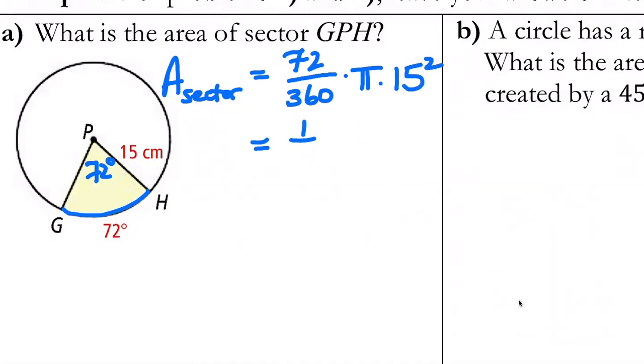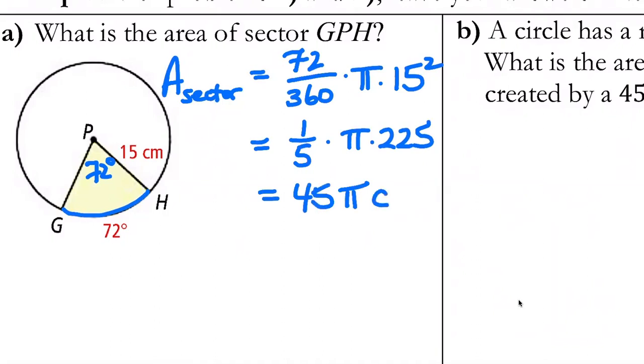So that's 1/5 times pi times 225. 225 divided by 5 is 45. So that's going to be 45 pi. That's an exact value, and that's in centimeters squared.